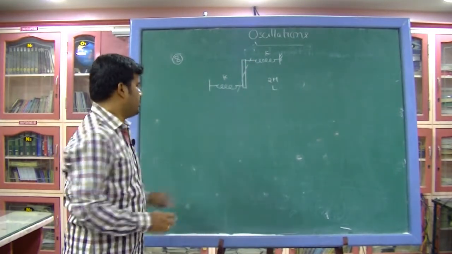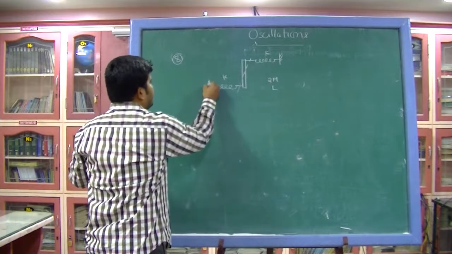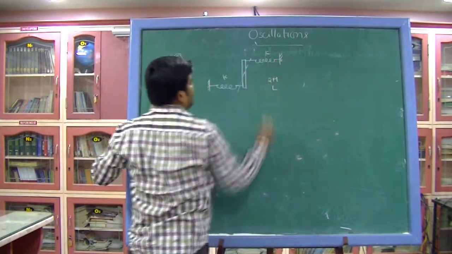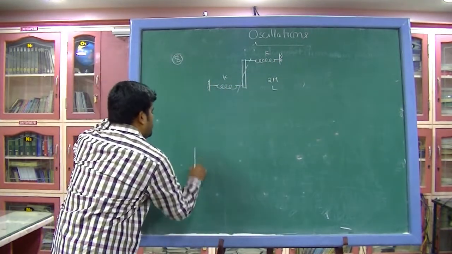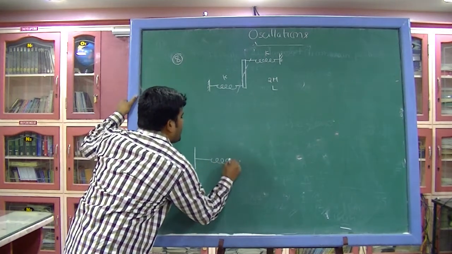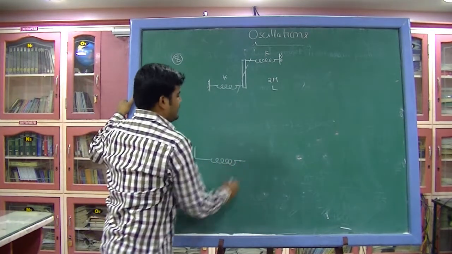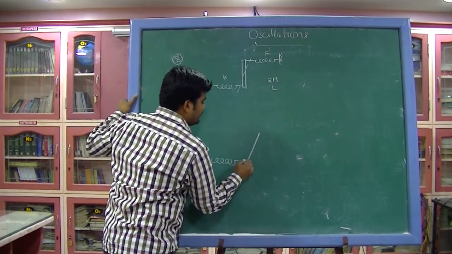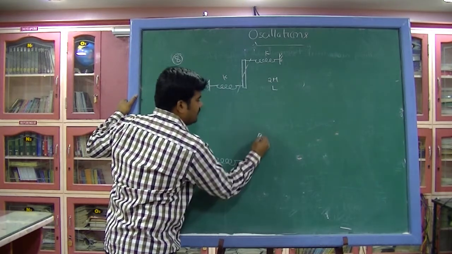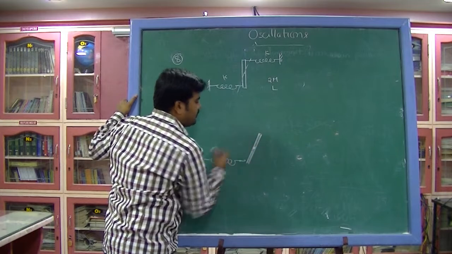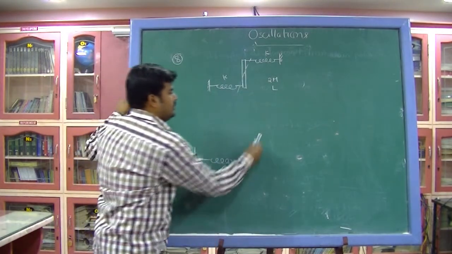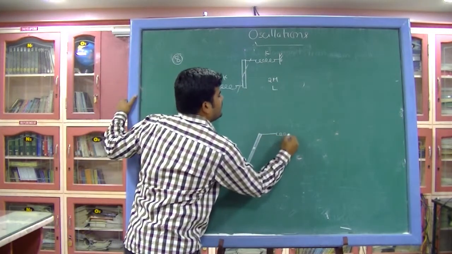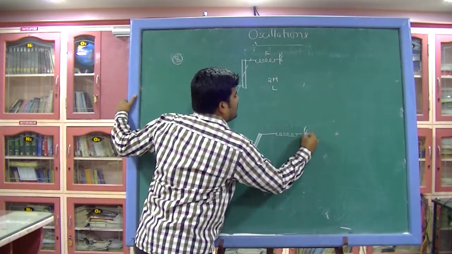So, let me explain the diagram first. Let us draw the diagram. So, this is the spring. Let the rod be displaced through a small angular displacement. This is the midpoint of the rod, and this is the other end. So, like this.